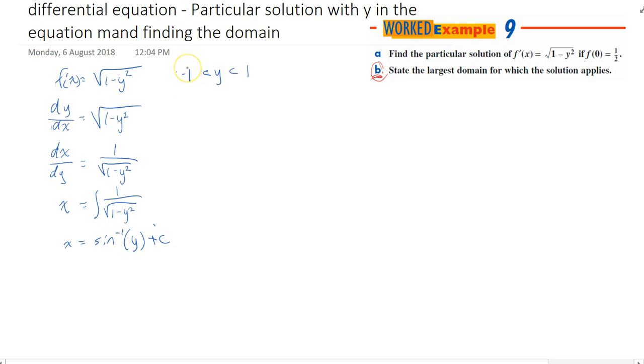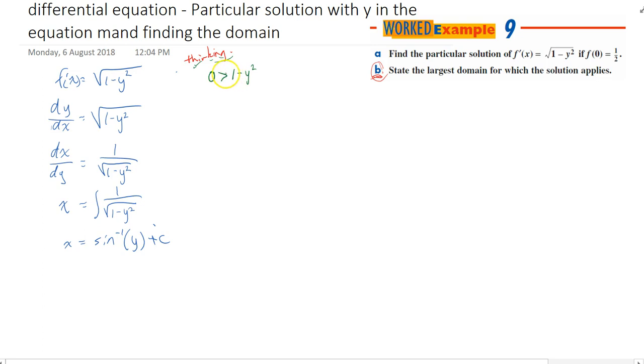So I'll just work you through why I think that is. I haven't thought about it too deeply yet. Here's my little bit of thinking. Now the square root of 1 minus y squared, the thing under there has to be 0 or greater. So 1 minus y squared must be greater than or equal to 0.